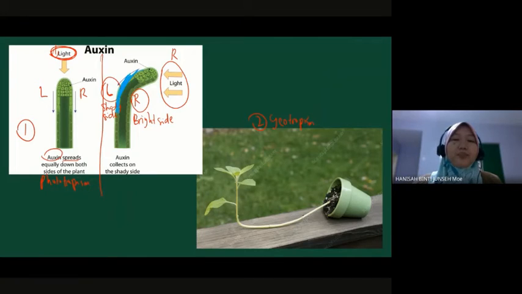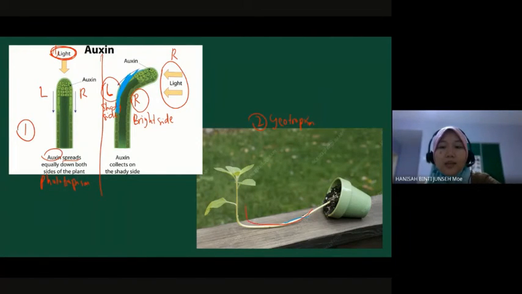Okay. Next is geotropism. The second picture is geotropism. As you can see, even though the pot has been lying down, like this, the plant still grows upright.